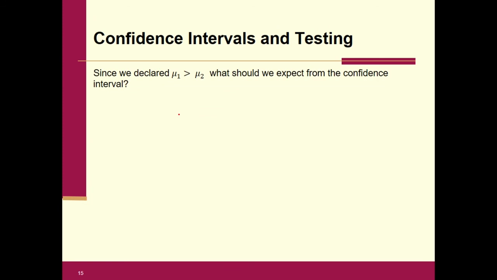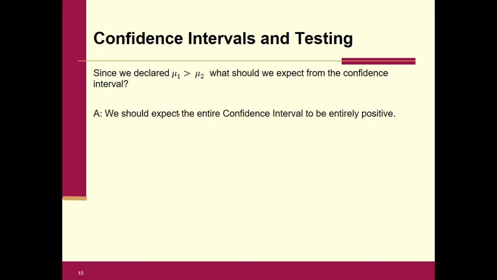So let's see how confidence intervals and this hypothesis testing relate to one another. Since we declared that mu1 was greater than mu2, what should we expect from the confidence interval? Would we expect two positives, two negatives, or a negative and a positive? Think about it.